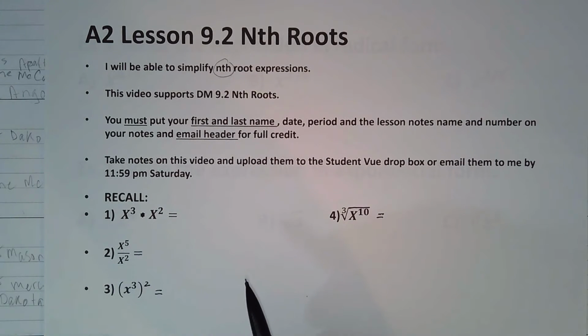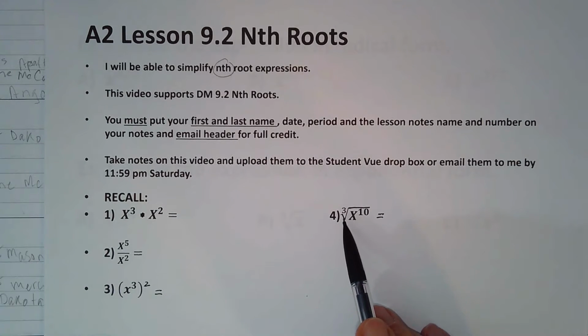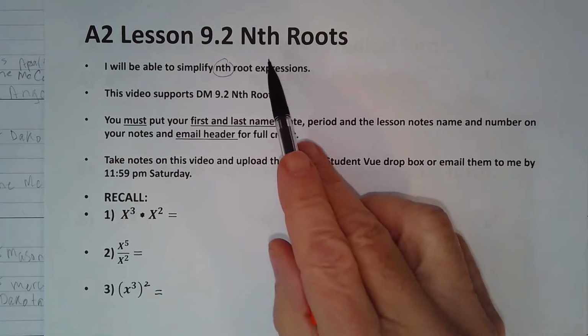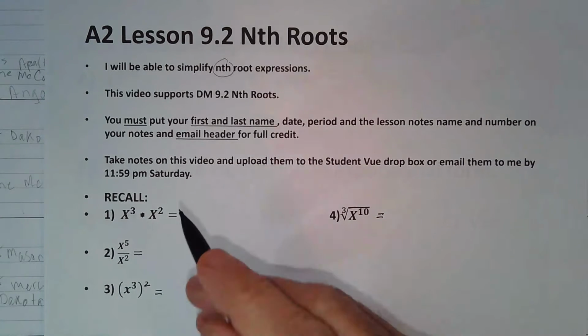So you're used to seeing square roots, but you'll notice here this one has a little 3 in the little crook, which is called the index, okay? And so that's a cubed root. And you could have a 4th root, or a 5th root, or a 10th root, or a 23rd root, or whatever the root is, which is why we have nth roots, okay?